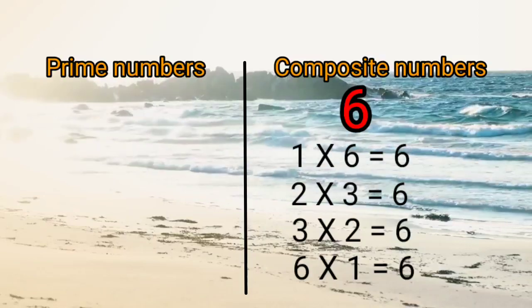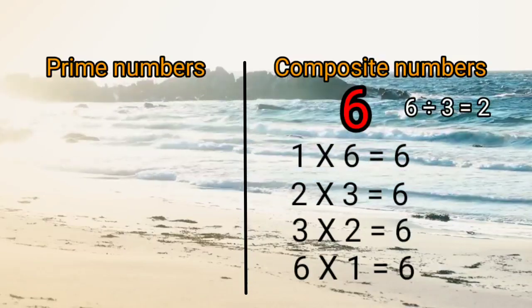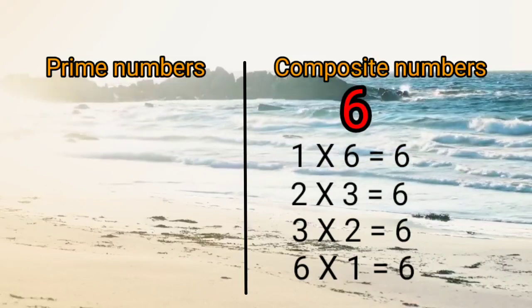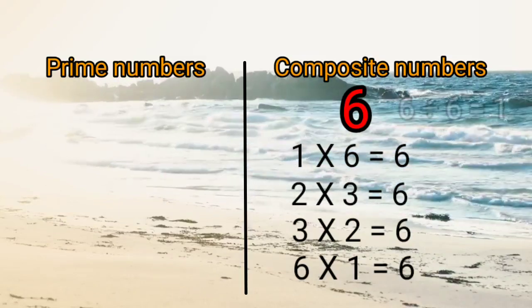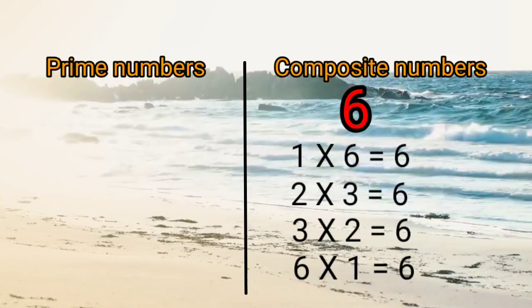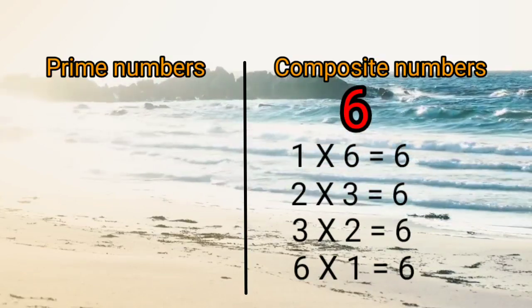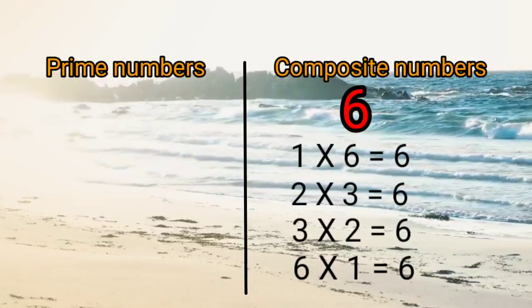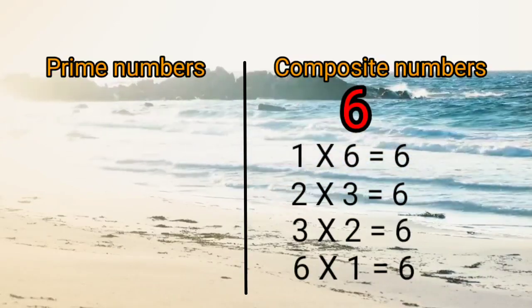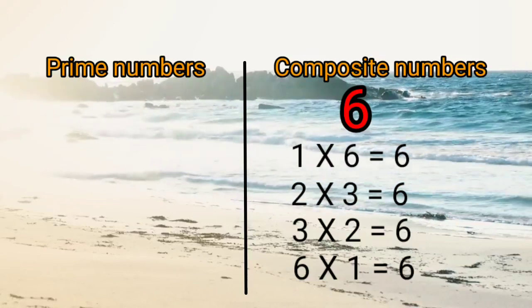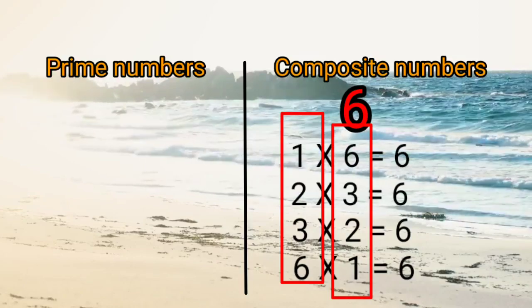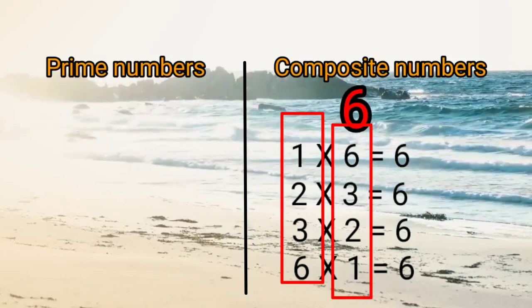If you divide 6 by 3, you get 2. And finally, when 6 is divided by 6 itself, you get 1. And so we can say that the number 6 can be written as a product of two numbers in this way, and each of these numbers is called a factor of the number 6.